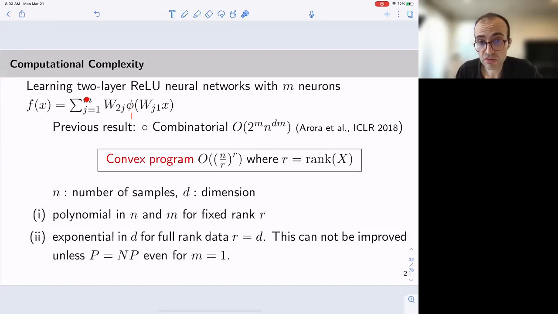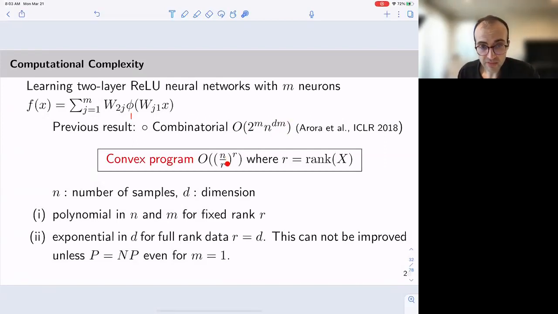And you have M such ReLU neurons, and you have N data points. So the combinatorial brute force search will have complexity N to the M, because you have M neurons that you have to switch, you have to search over, right? And to power D N. Turns out this is the best complexity if you do it brute force. And this is actually not doable because even with 100, 200 neurons, this will be very, very high.